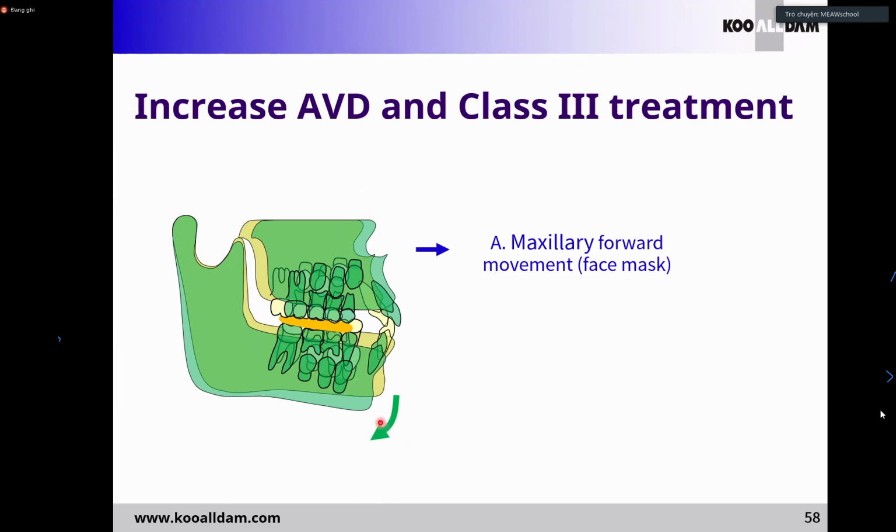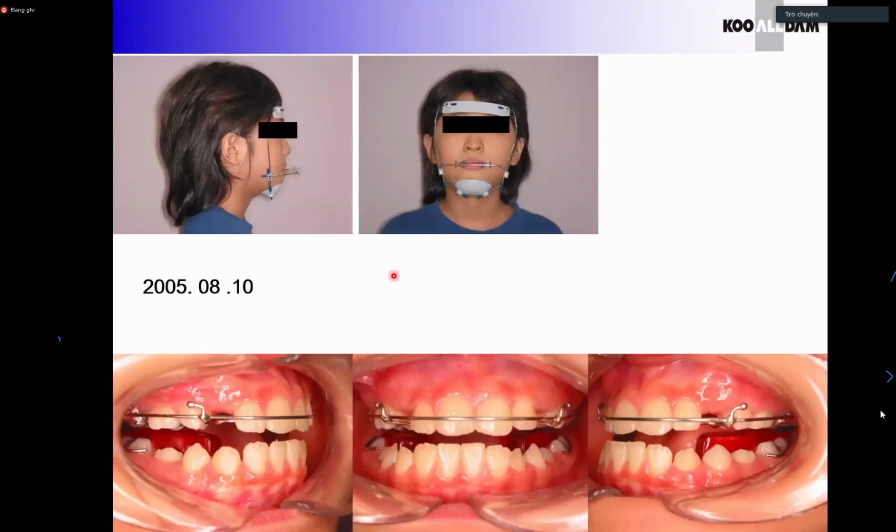And also, using a face mask, we want to achieve maxillary forward movement like this. So in order to achieve this, I want to use a posterior bite block in the lower arch. This is the upper arch, labiolingual arch.